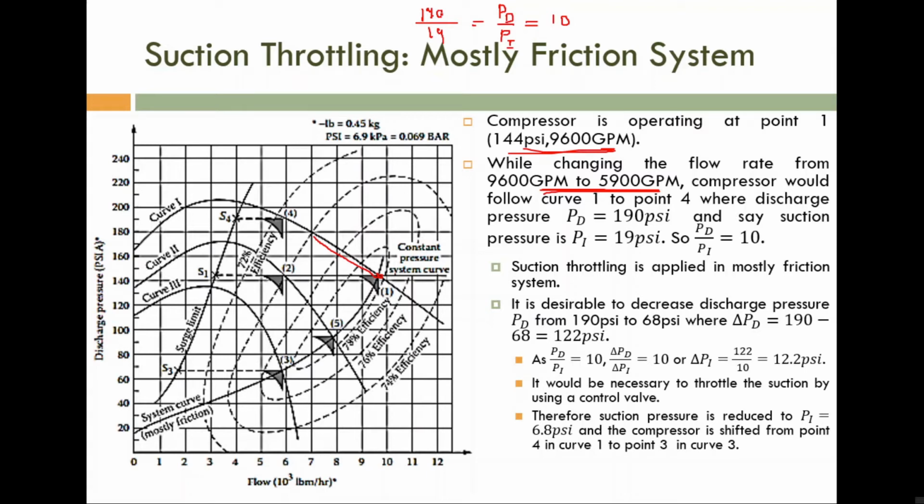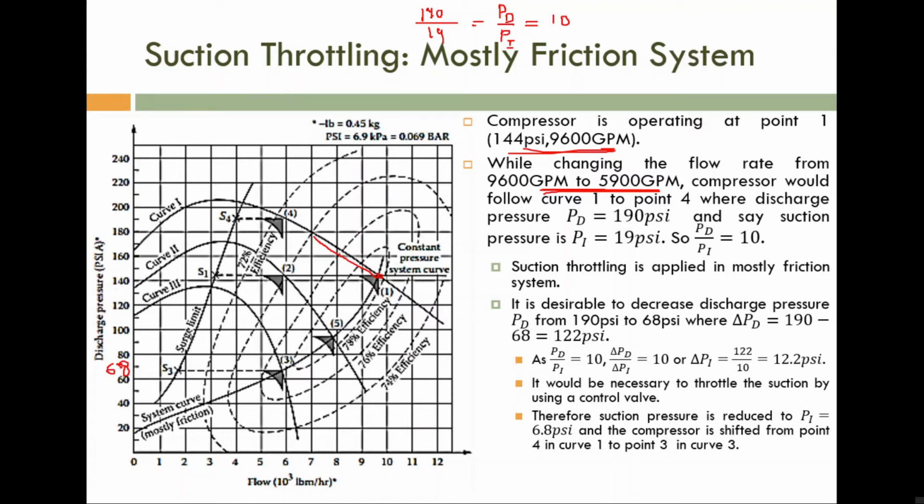Please remember, to achieve a flow rate of 5900 gallons per minute, there is no need to provide a discharge pressure of 190 psi. If you are providing this much pressure, it is a wastage. Why? To achieve this flow, the pressure required is only 68 psi.